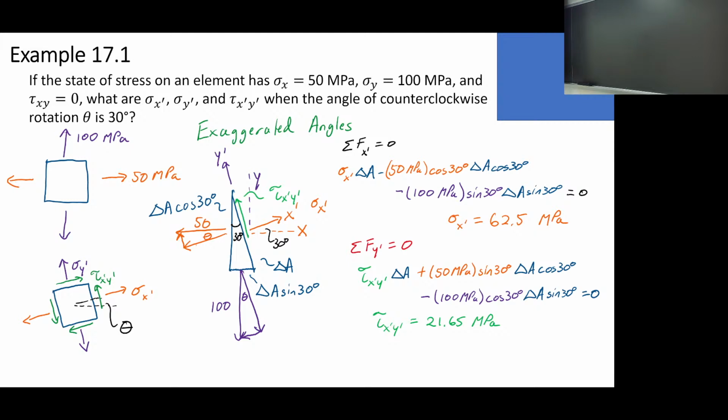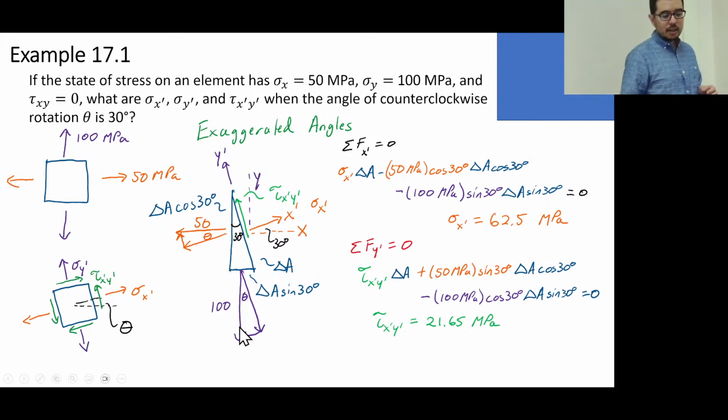How do you know what direction you draw that, like the bottom arrow from the purple? The orange one? Which direction? First, I need one of the directions to be in line with my original x and y. Since this one is coming out of the bottom face, a minus y face, it has to be aligned with the y direction.